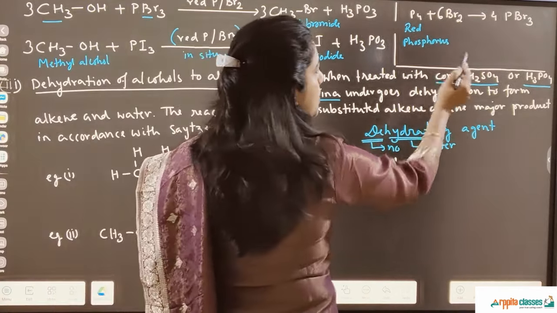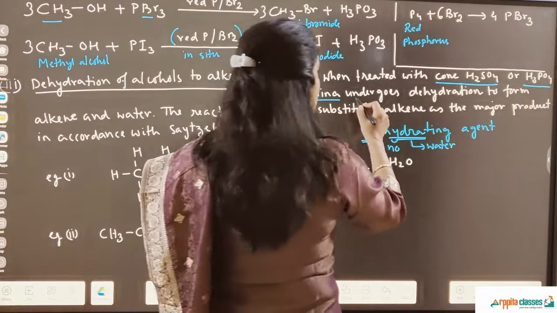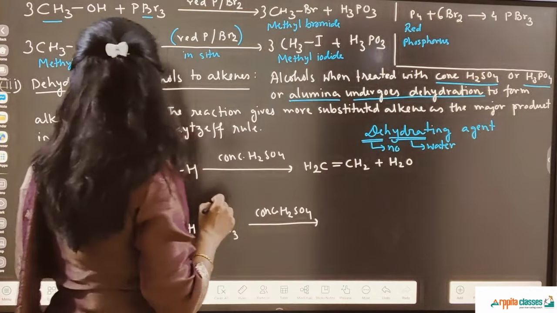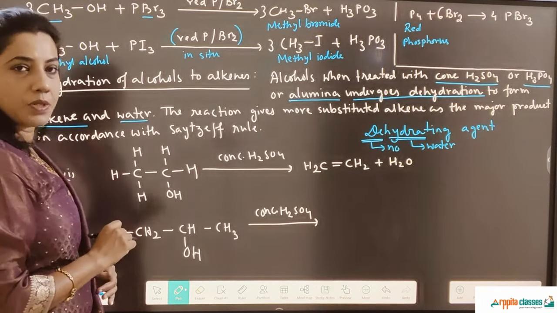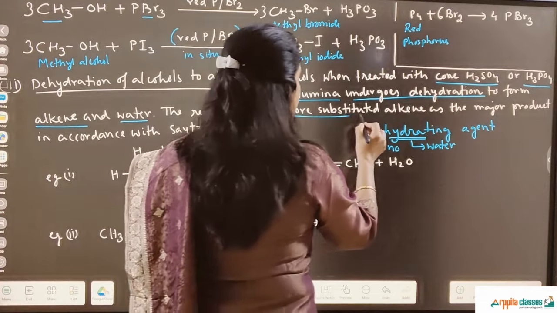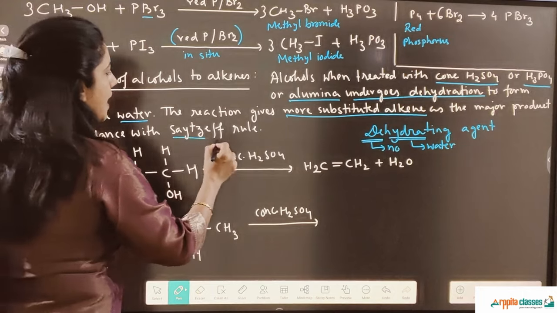Alcohols when treated with concentrated H2SO4 or phosphoric acid or alumina undergo dehydration reaction to form alkene and water. The reaction gives the more substituted alkene as the major product in accordance with Saytzeff rule.